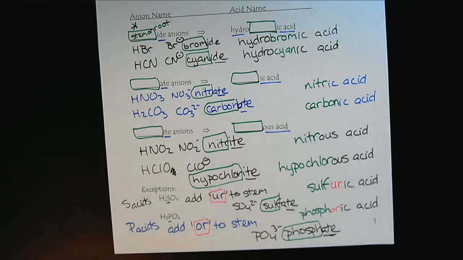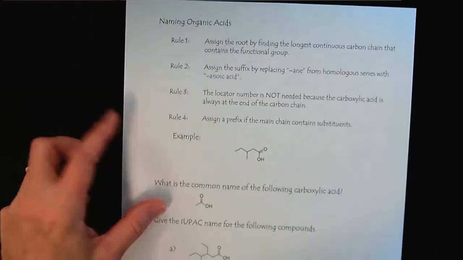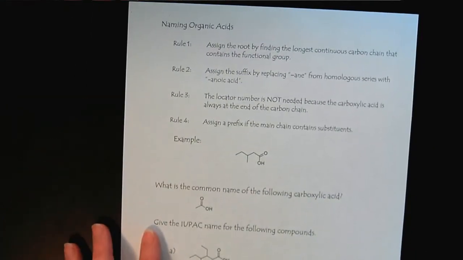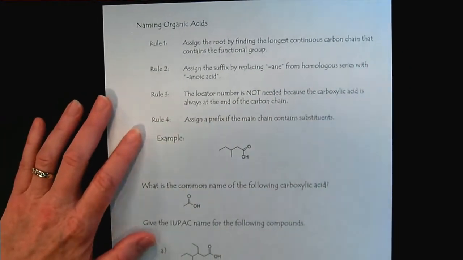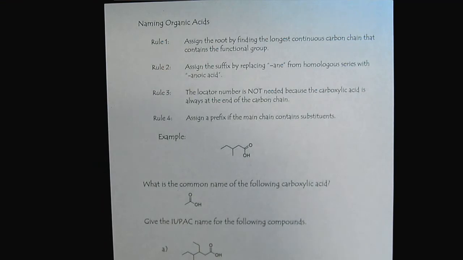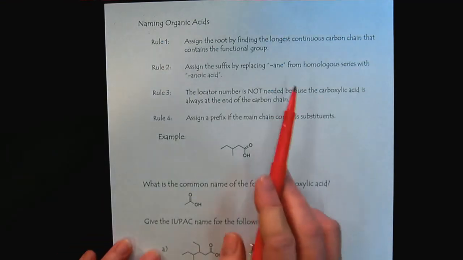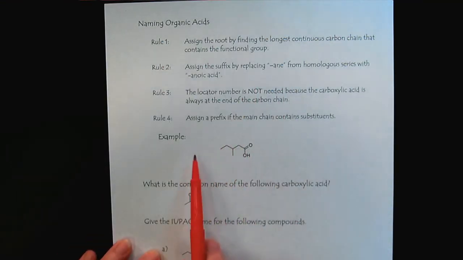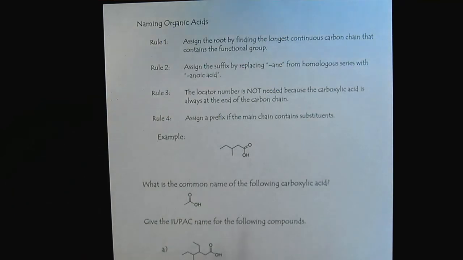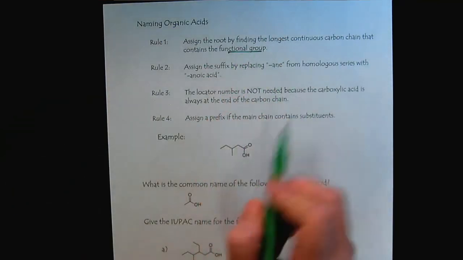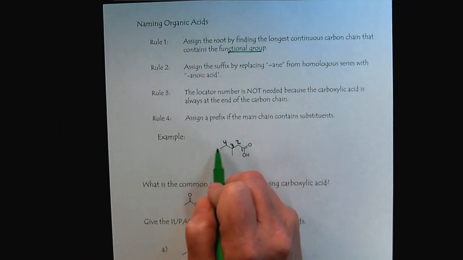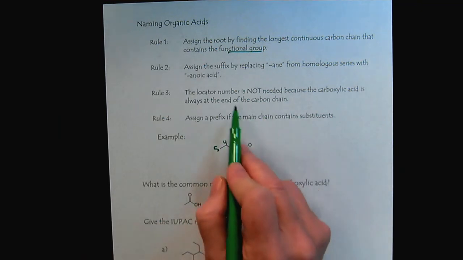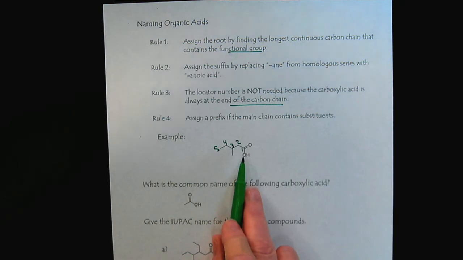Let's have a brief review of organic acids. Because we're focusing just on organic acids, it simplifies the nomenclature rules a bit, right? So we're always going to find the longest continuous carbon chain that has the functional group, and the carboxylic acid will always be at the end of the chain, so we don't have to tell anybody.